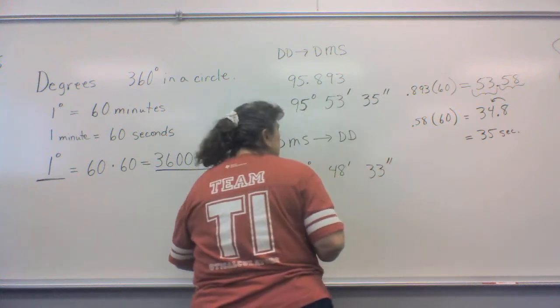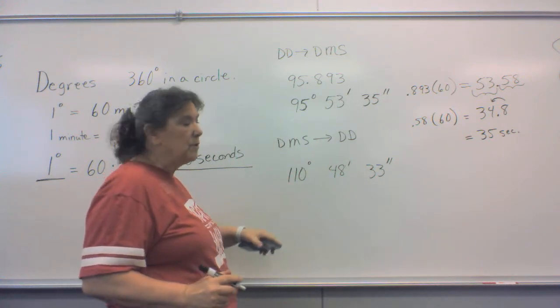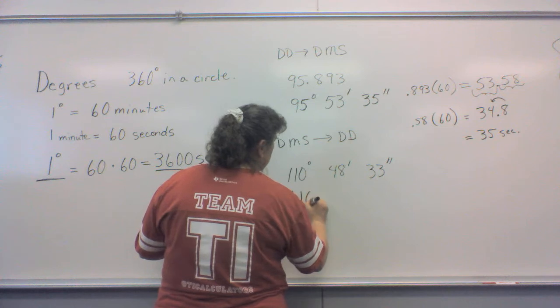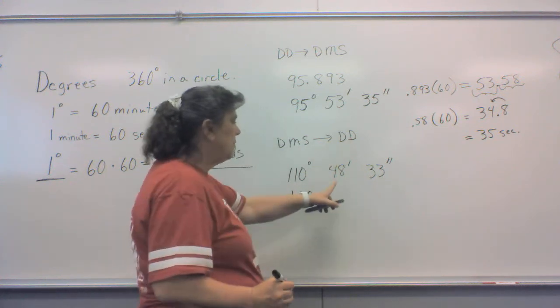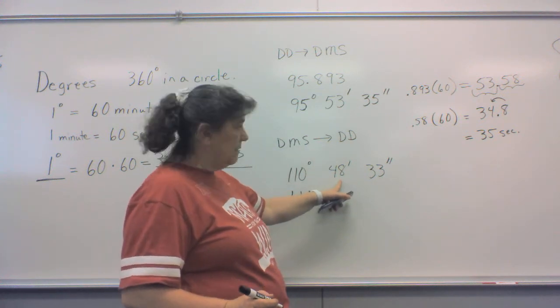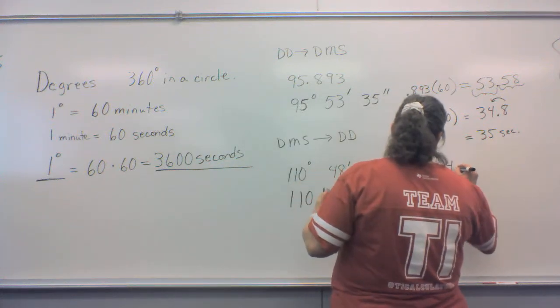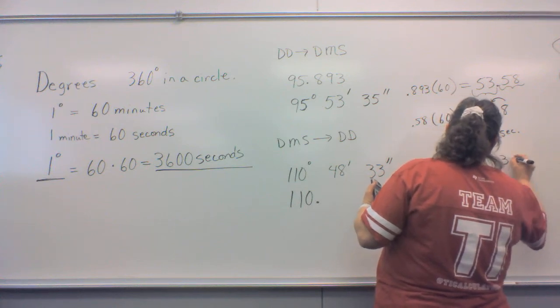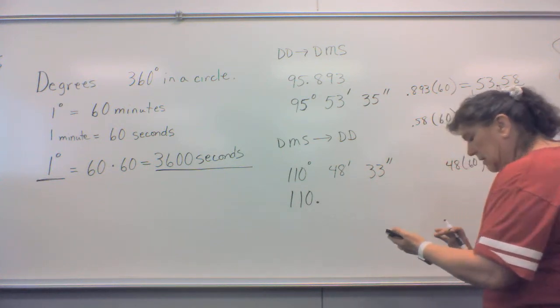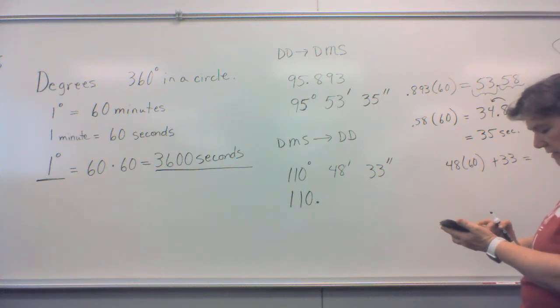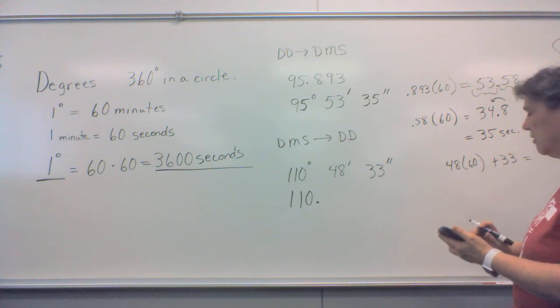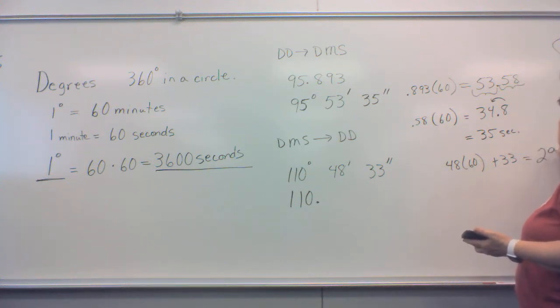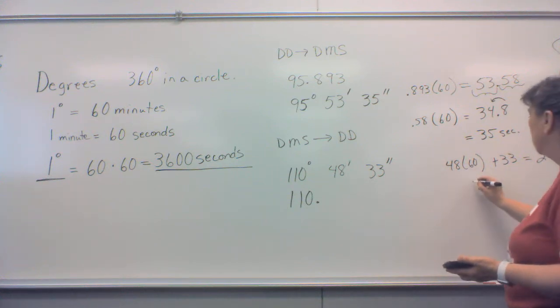Okay, so we know 110 will be our first slot. 110 decimal point. Now we're going to have to go 48 times 60 and then add to that plus 33 to get the total number of seconds. So 48 times 60 plus 33 gives me a total number of 2,913 seconds.